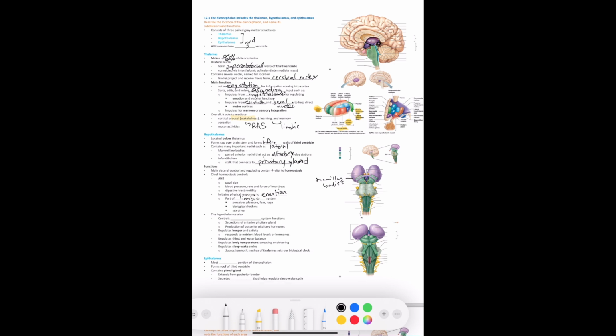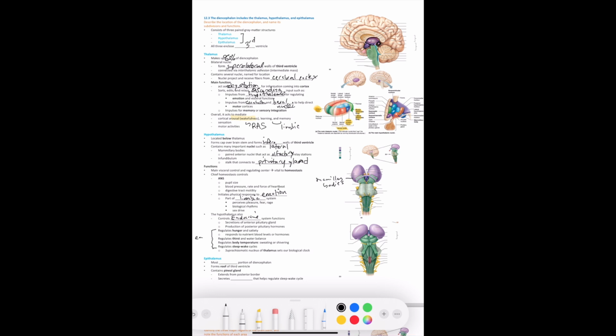The hypothalamus also controls endocrine system functions, something that we've mentioned, secretions from the anterior pituitary gland, including the production of some of these posterior pituitary hormones. And the other role is basic functions here.